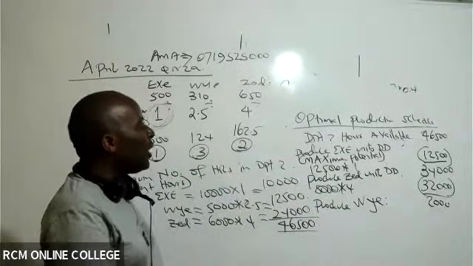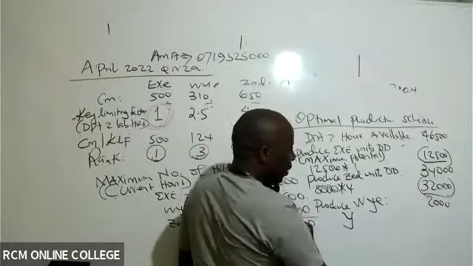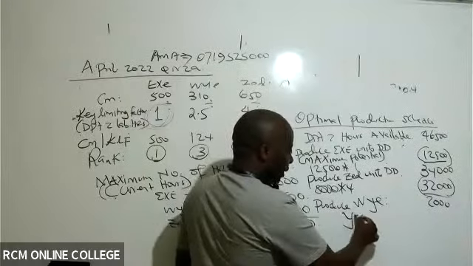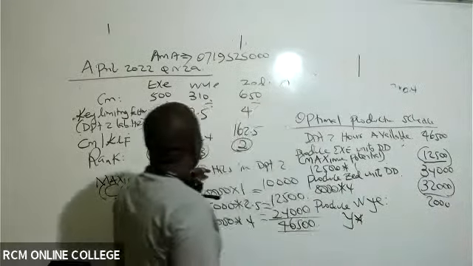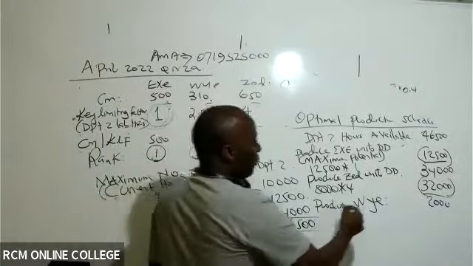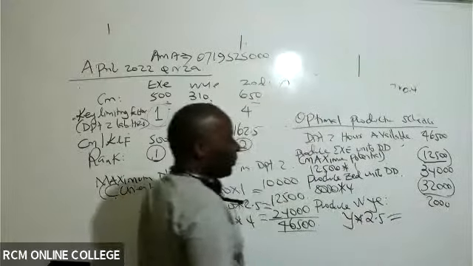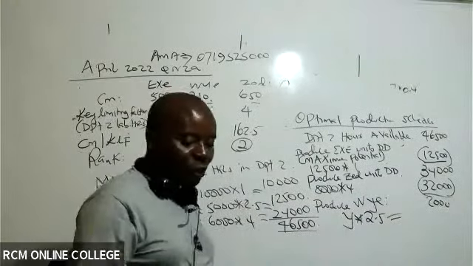So I come and do my abracadabra. Let the Y units be y. Fortunately, I know that each Y is 2.5, and that should be able to fit into that 2,000.